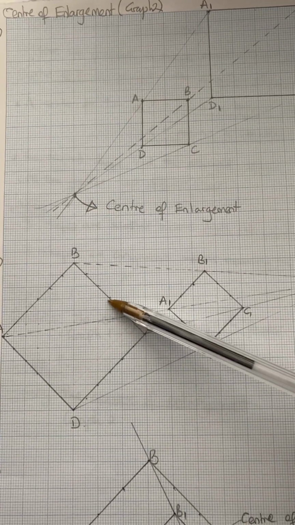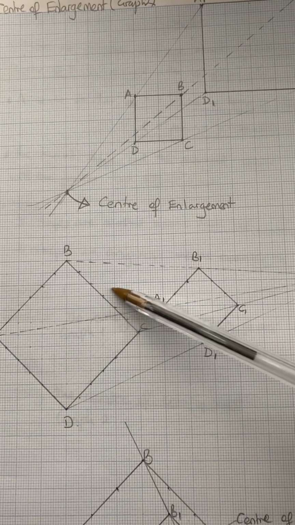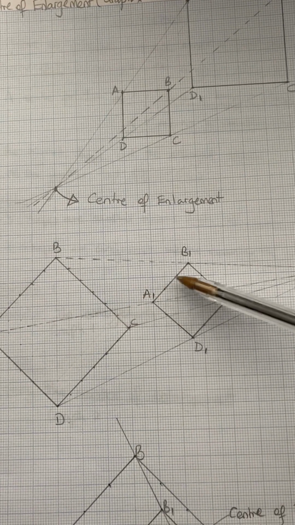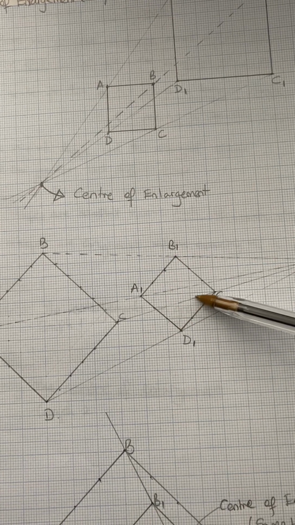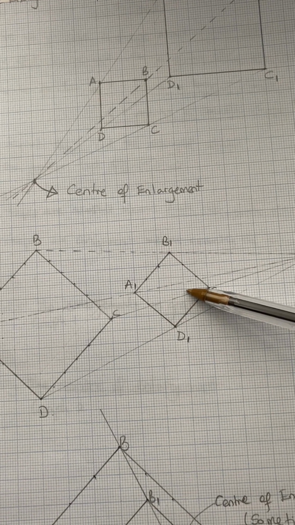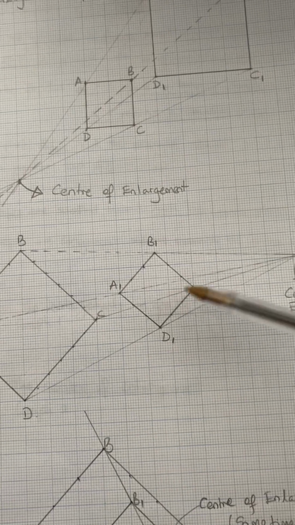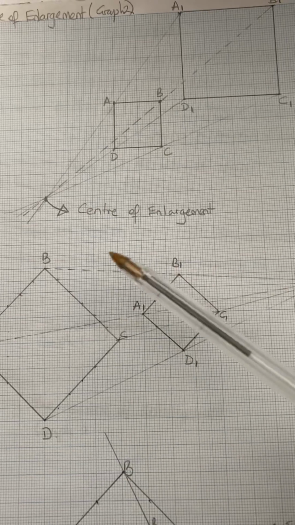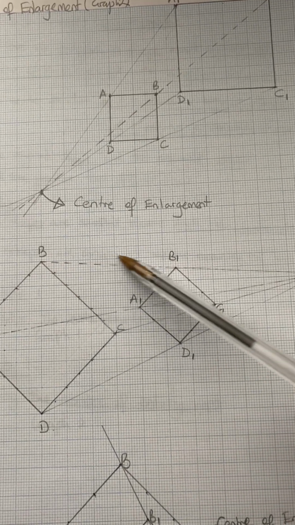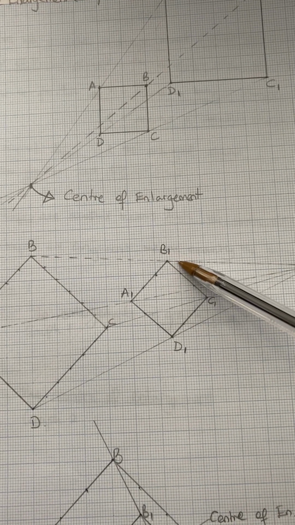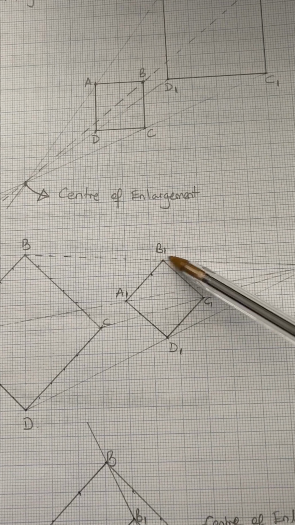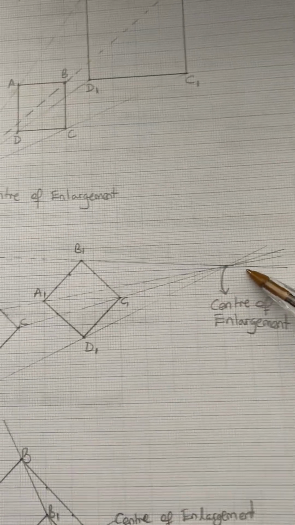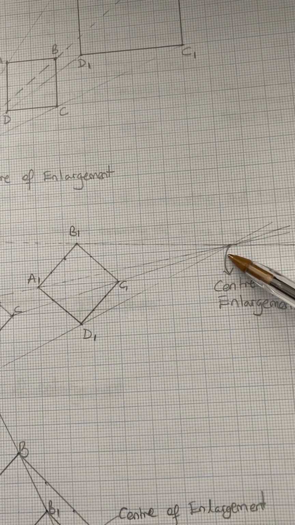The second one, the center of enlargement, as you can see, is I have the shape and I have the image. So I'm having my center of enlargement here. All I needed to do is to connect the object with the image, okay, and extend the line for all the 4 points, and that will be my center of enlargement.